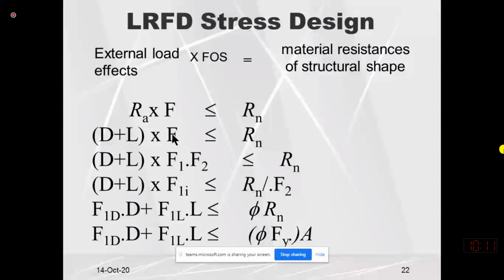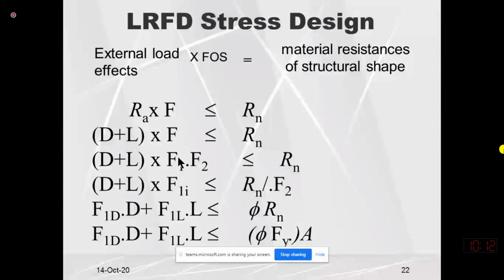In LRFD, we convert the factor of safety into two parts, for example F1 and F2, such that F1 multiplied by F2 equals F. A simple example: if F is 12, F1 may be 4 and F2 will be 3, so 4 multiplied by 3 is 12, and the answer is the same.